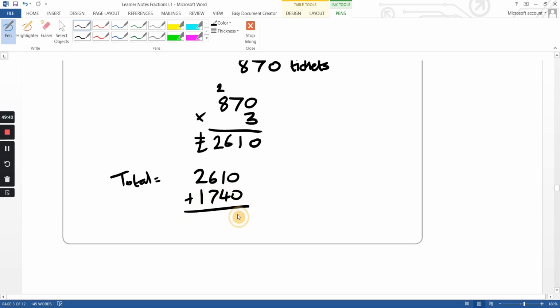Let's add these together. That gives me 13, carry the 1. That's going to give me 4. So it's going to be £4,350.